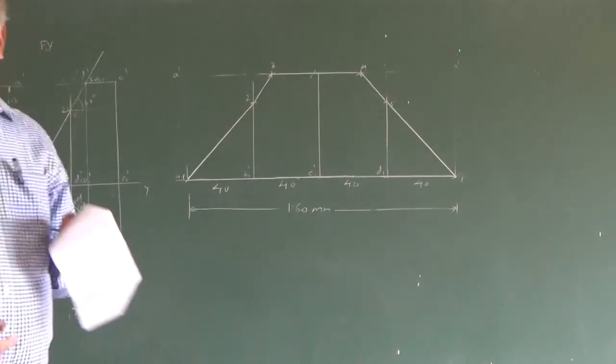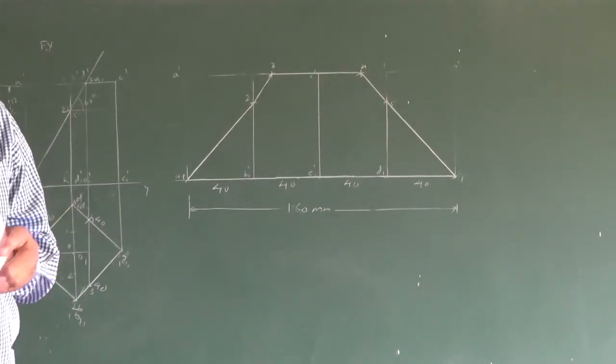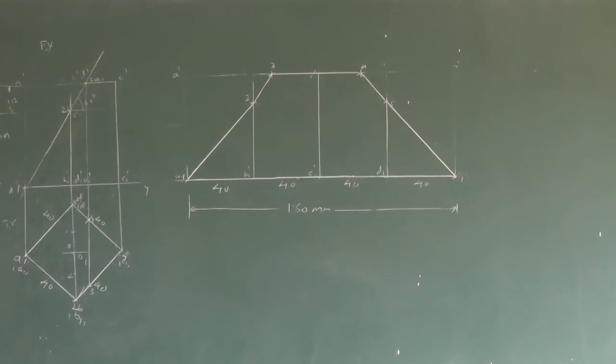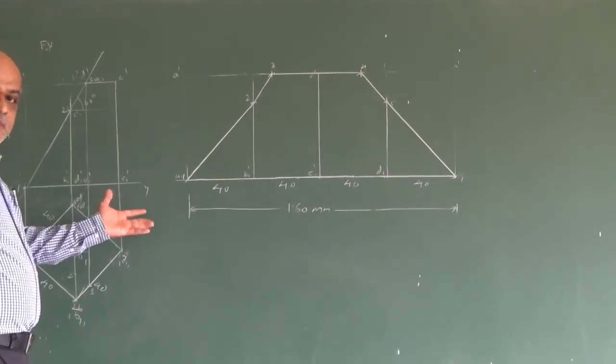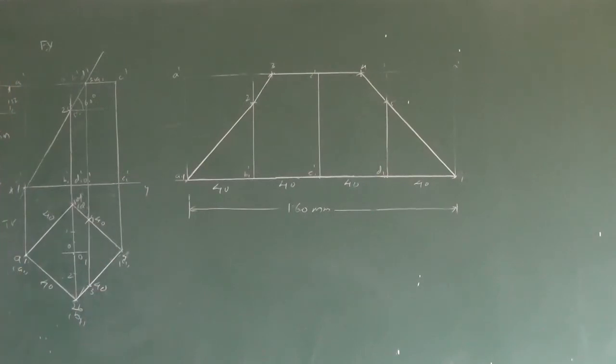This is how the development of solids are going to be formed, comparatively easier than isometric projections. Either you can solve a development of solid problem or an isometric projection problem. This is the square prism resting on HP on one of its base edges such that the base edges make equal inclinations.